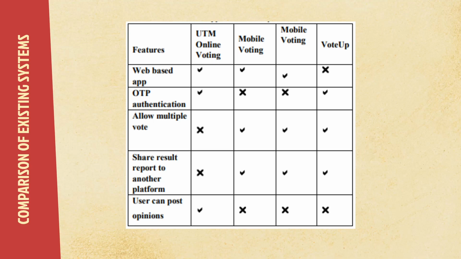Without UTM online voting system, every platform allows multiple votes, and in UTM online voting system, users can post their opinions through campaigns. And last of all is sharing results to another platform. UTM online voting system doesn't have this feature. The other systems have this feature.